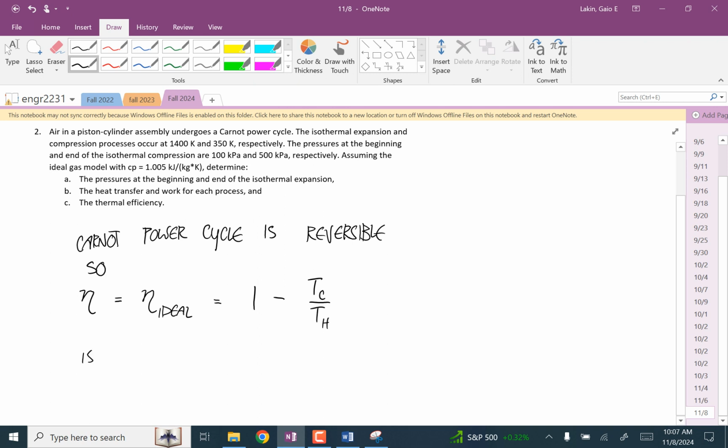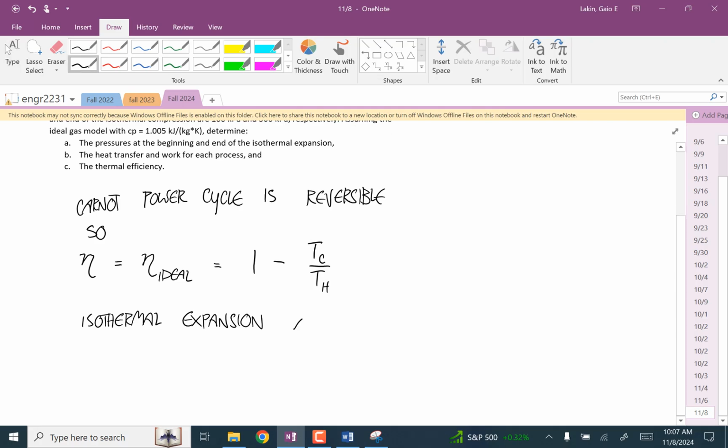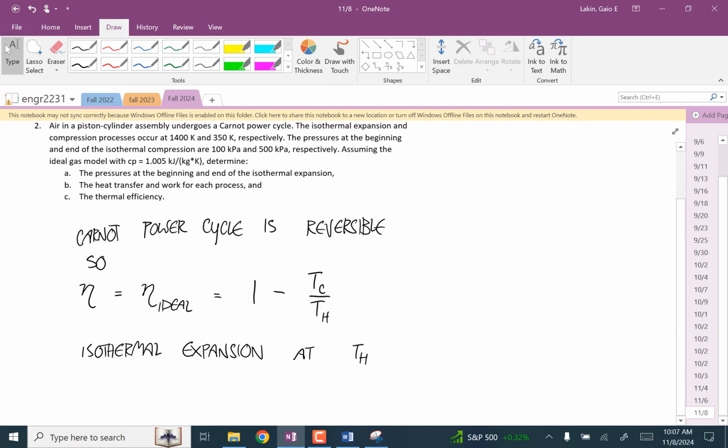Okay, so the isothermal expansion happens at the high temperature reservoir, and so what can we figure out?